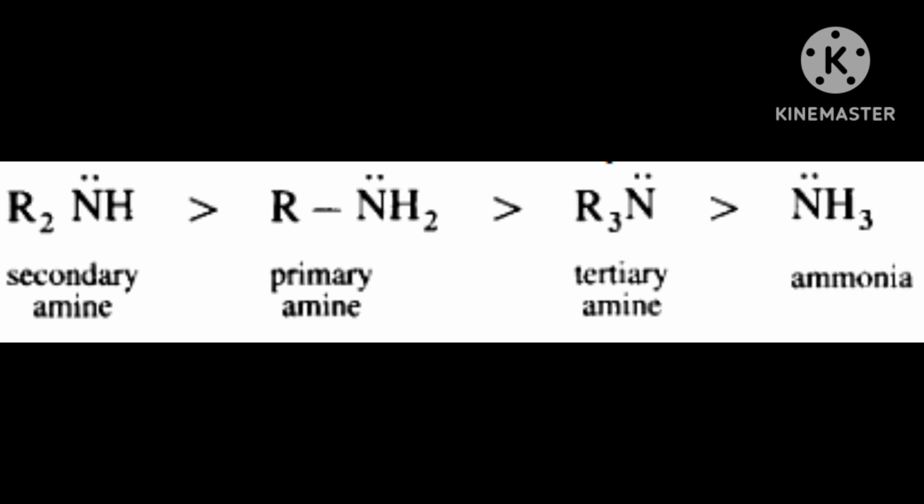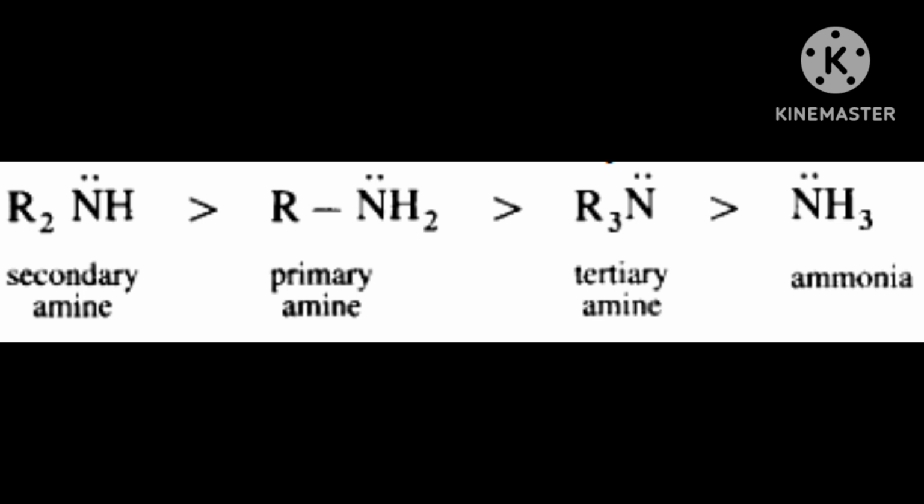And in tertiary, three R are there and no extra hydrogen. Only one hydrogen is there, which came when N donated its electron pair. Only one is there, so it will join with only one water molecule, H and O. Hence it is the weakest in stability.